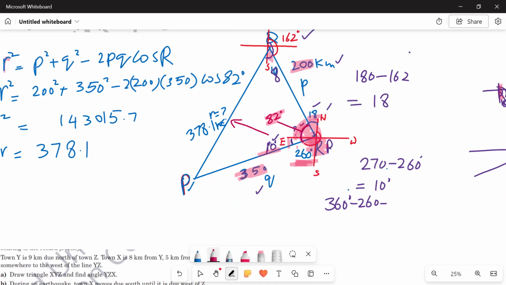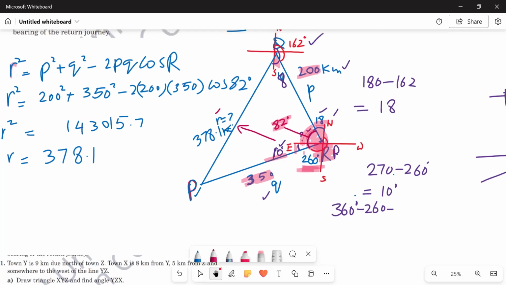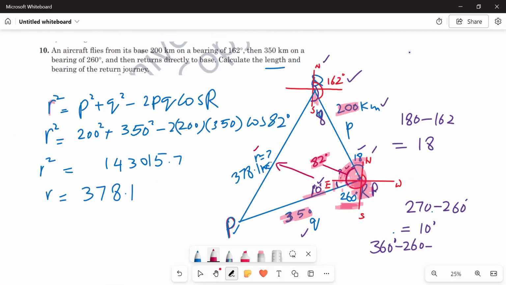But here, after this, we will apply the cosine rule because here we found R. Now we can apply it for finding the angle. Okay.